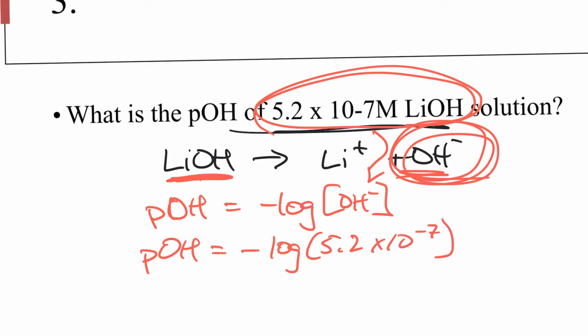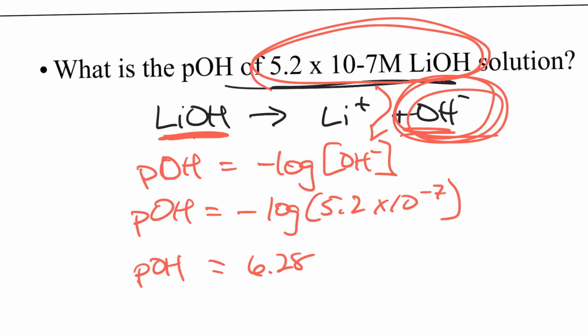Then all I have to do is plug this into the calculator and it will tell us the pOH of this solution. The pOH I get for this solution is 6.28. So what does this mean? Well, this is the pOH, and when you try to figure out if it's an acid or base, the pOH is a complete inverse of the pH.